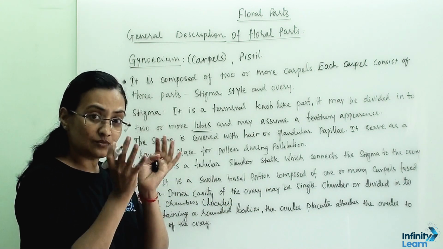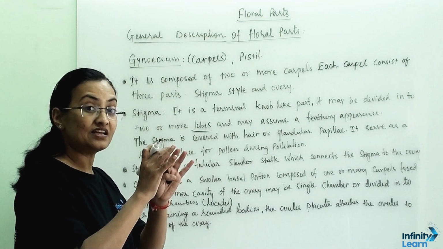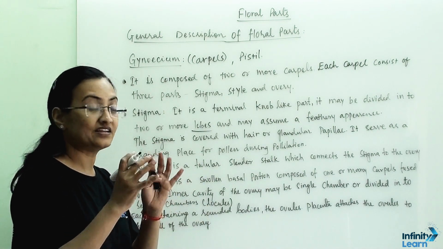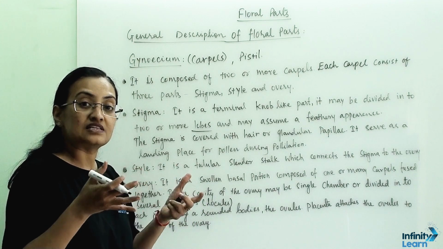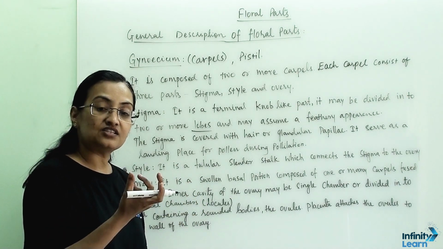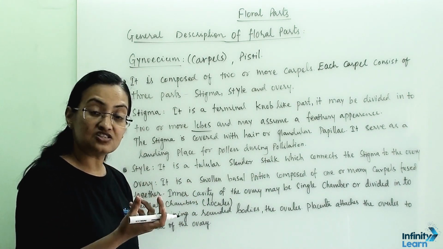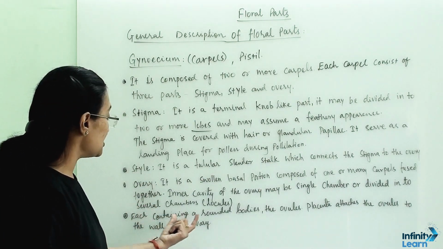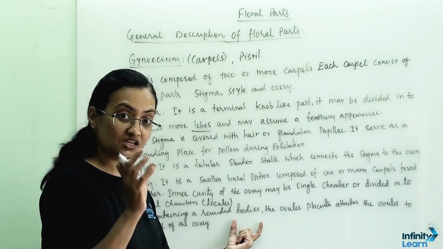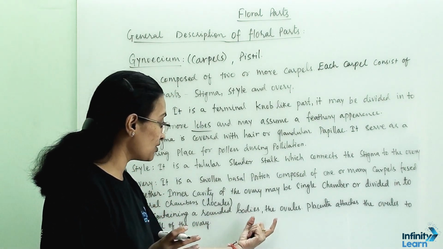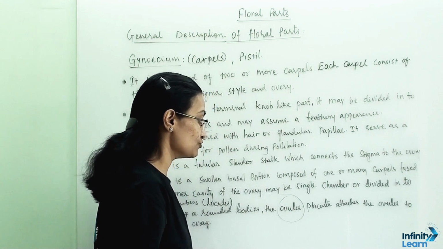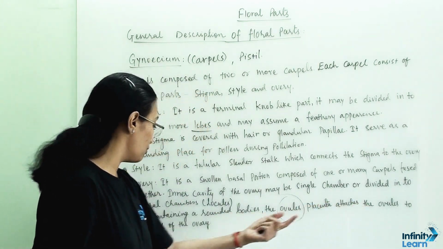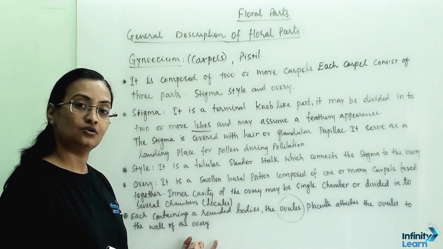Each chamber contains rounded bodies, and these are known as ovules. The placenta attaches the ovules to the wall of the ovary.